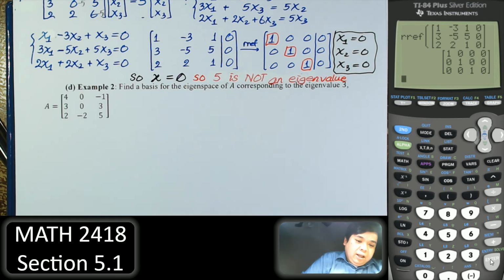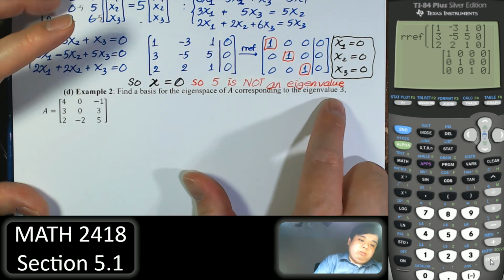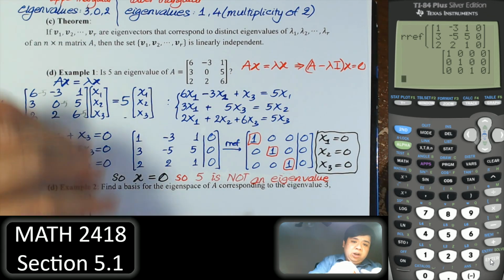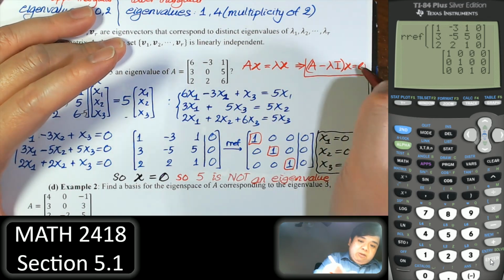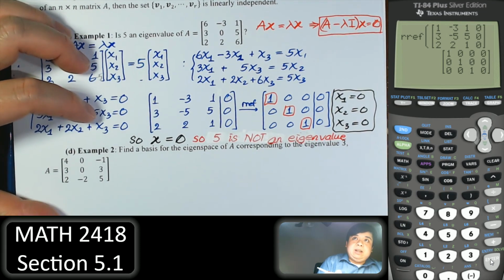Right. Next, find the basis for the eigenspace of A corresponding to the eigenvalue 3. Now after this example, we just need to write in this form. That will be a lot similar. We almost skip the first step here.